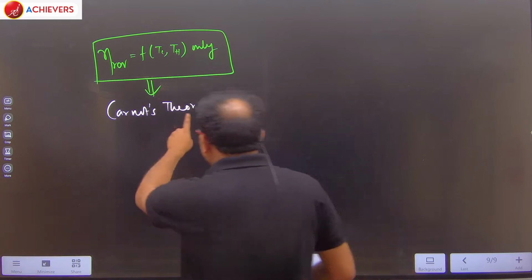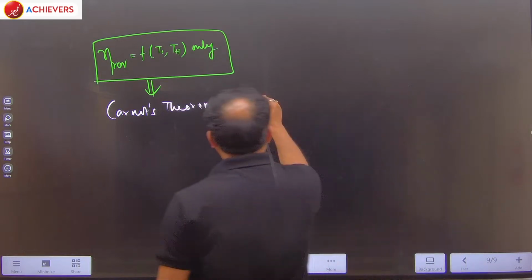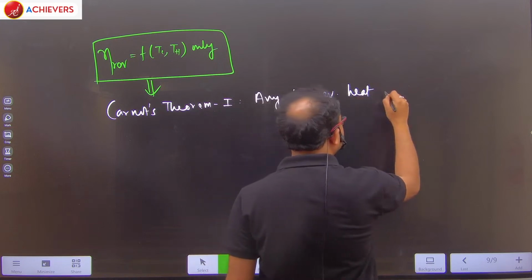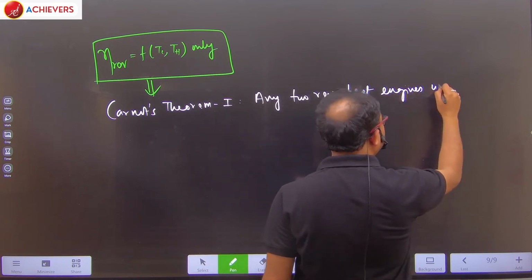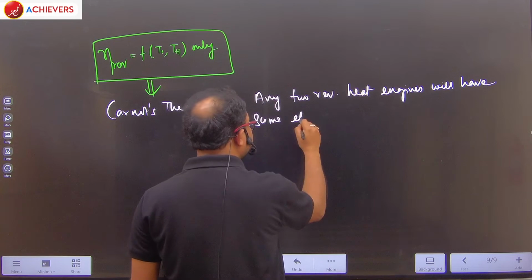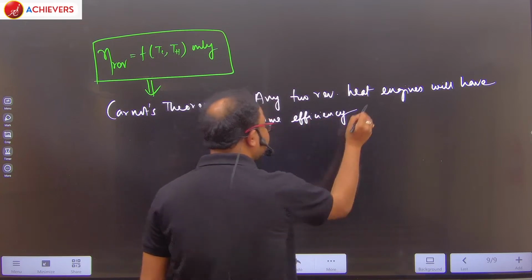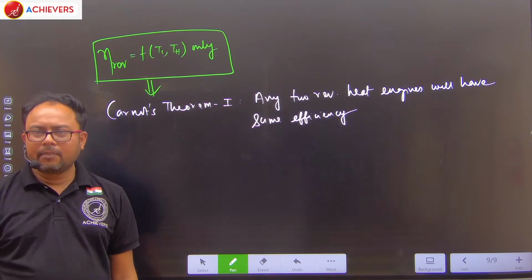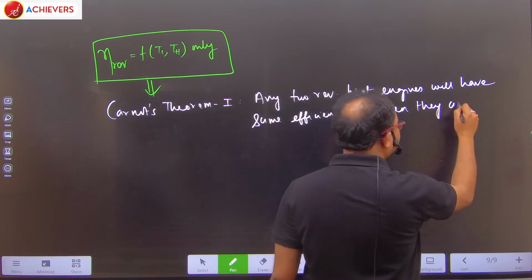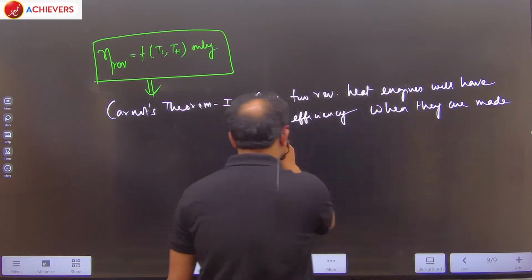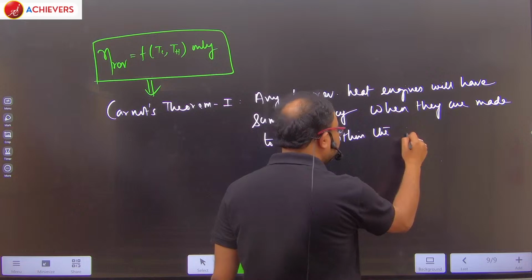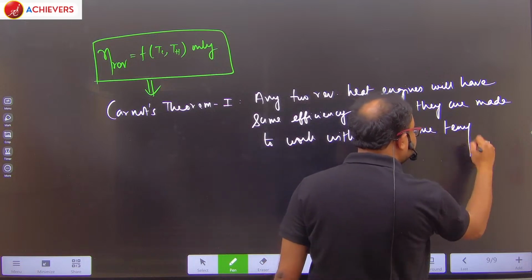So, according to this Carnot's theorem, you can say that any two reversible heat engines will have the same efficiency when they are made to work within the same temperature difference.